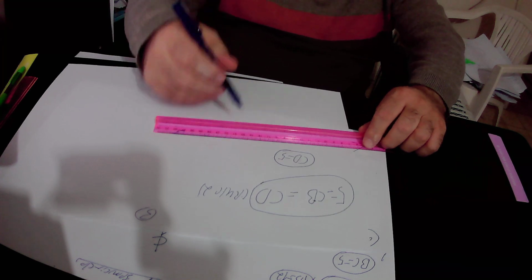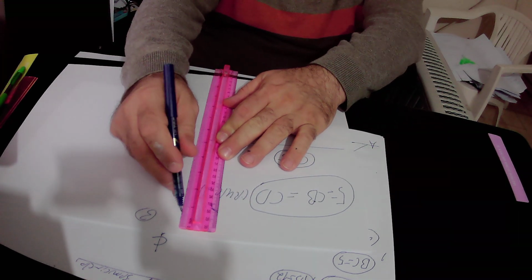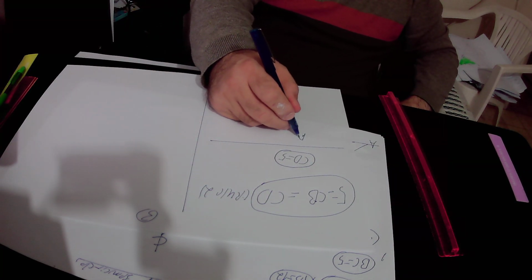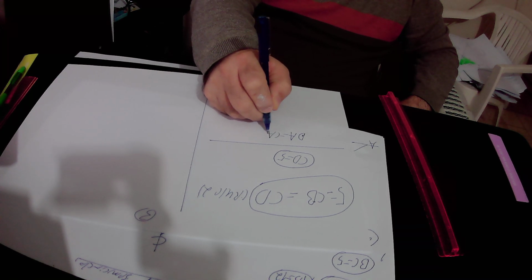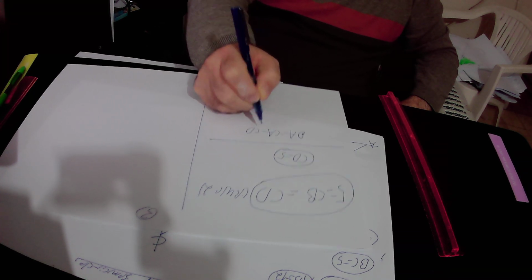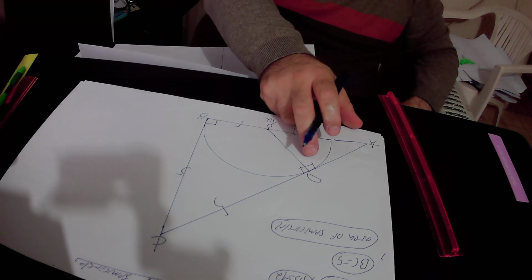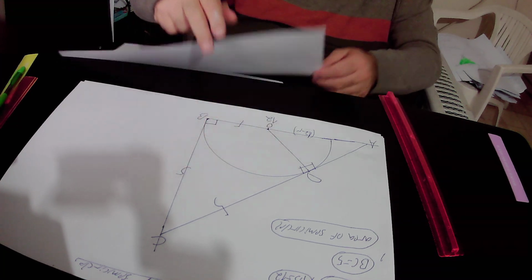So we can write down that DA equals CA minus CD. It is very clear to see from the drawing that DA equals CA minus CD.